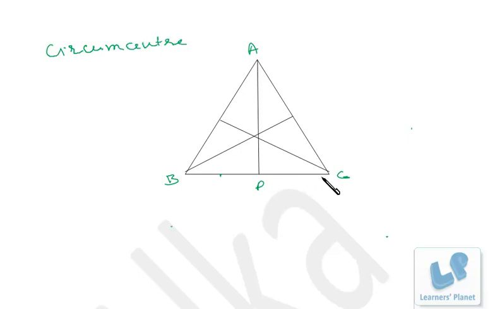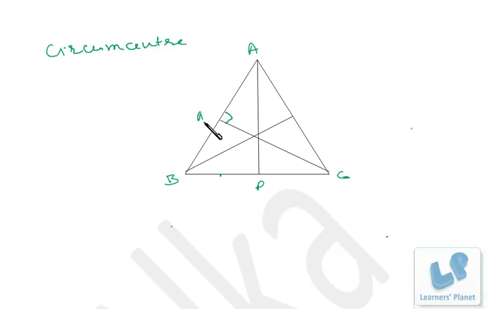What is a perpendicular bisector? This line is bisecting this line as well as being perpendicular to it, right? Do not get confused between altitude and perpendicular bisector. An altitude may or may not bisect the other side, but a perpendicular bisector will be perpendicular as well as bisect the other side, right?